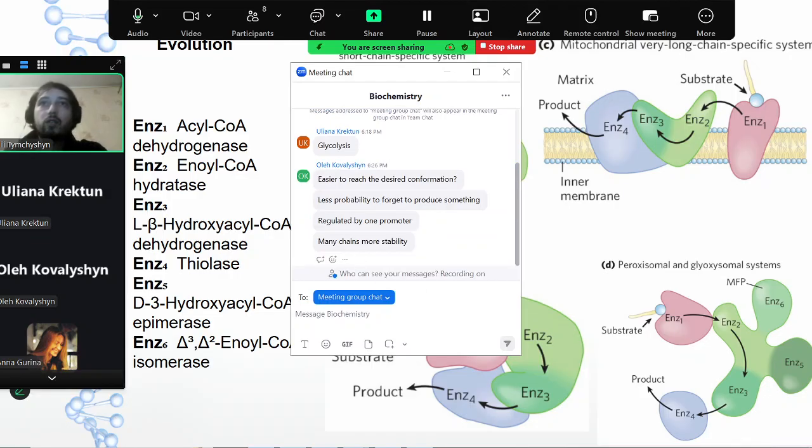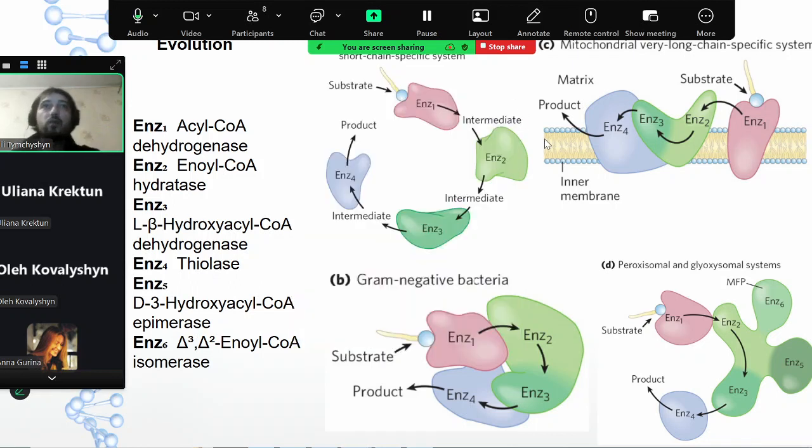Yes, absolutely correct. If you have more chains, more parts, the system will be a bit more stable to mutations. You can break something in one of the proteins and it gets a little worse, but all the rest stay intact, so you still have the same properties. And the one that is a little worse may still work somehow, or you may get a different copy of it somewhere.